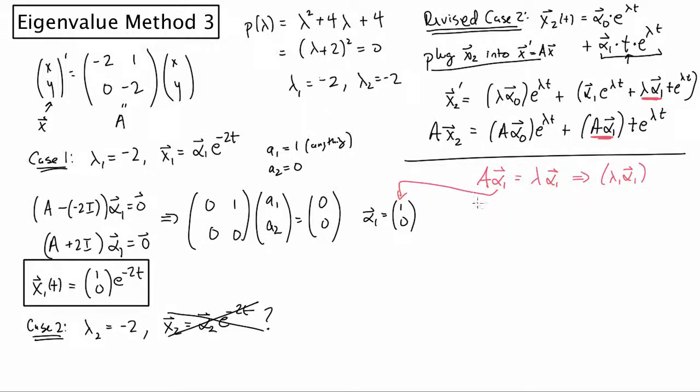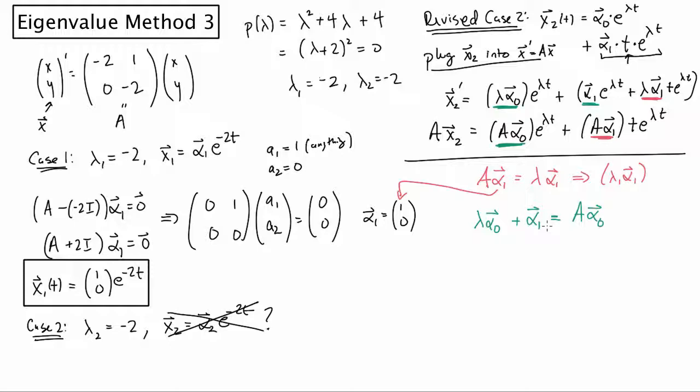All right, the other piece of this is if I want to solve for alpha 0, the other eigenvector here, then I look at the e to the lambda t terms and say A alpha 0 has to be the coefficient of e to the lambda t. So where is e to the lambda t? There and there. That says that lambda alpha 0 plus alpha 1 has to be equal to A alpha 0.